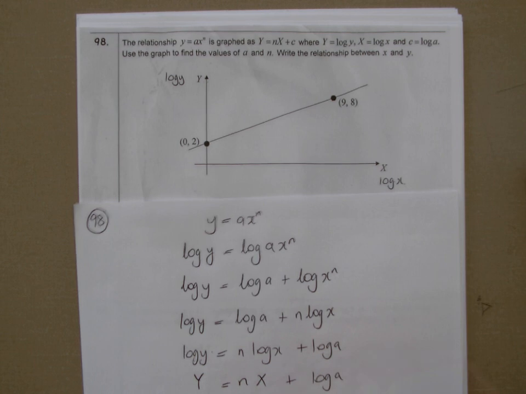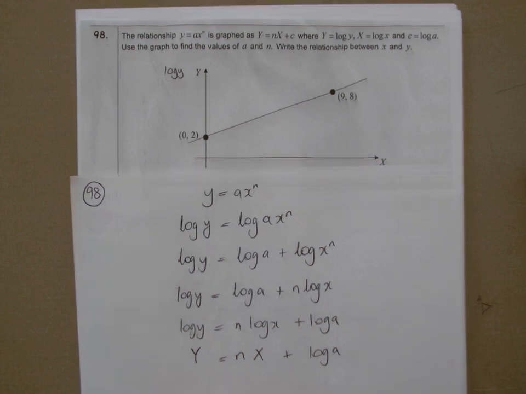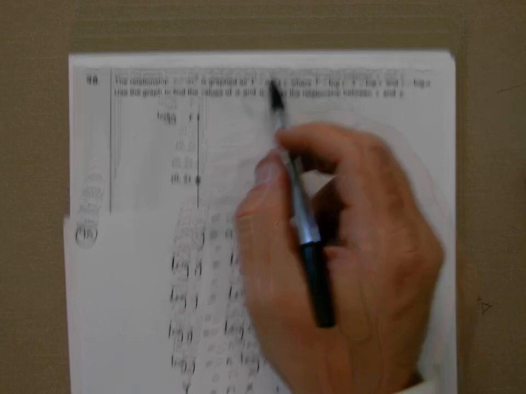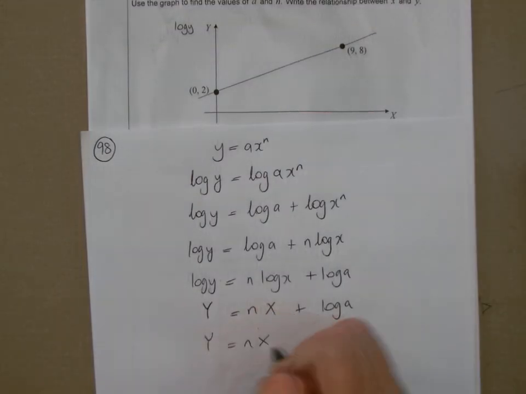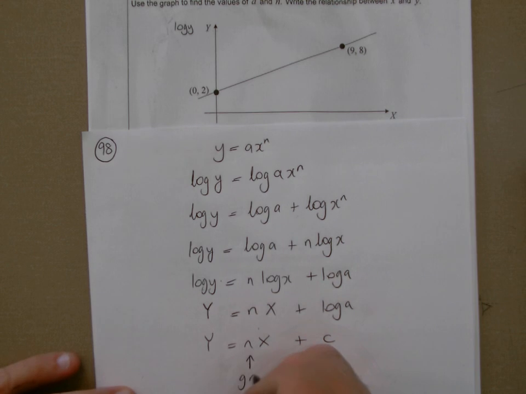And I get this. You'll notice this is very similar to y equals mx plus c. In this case it's Y equals nX plus c, where n represents the gradient and c represents the y-intercept.